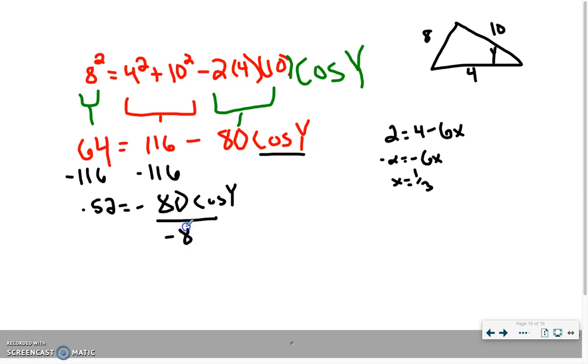Now we divide to get the cosine by itself. Divide by negative 80. This is a negative 52, a negative 52.